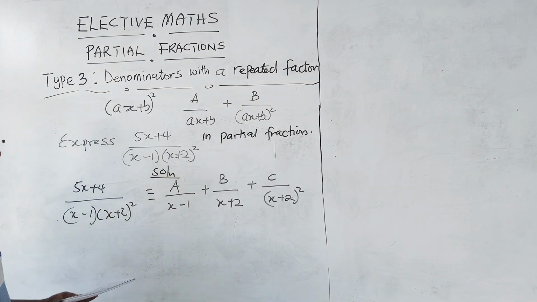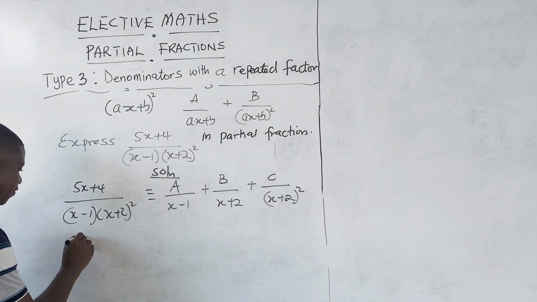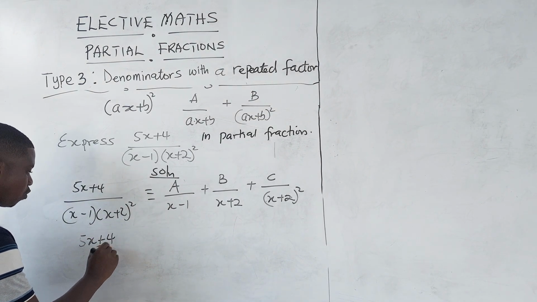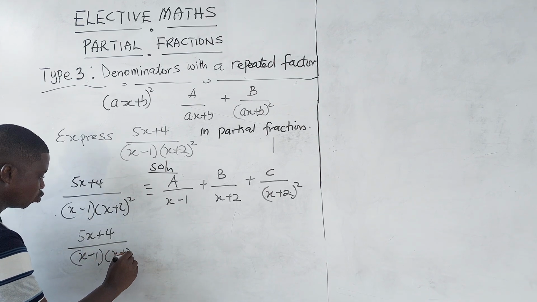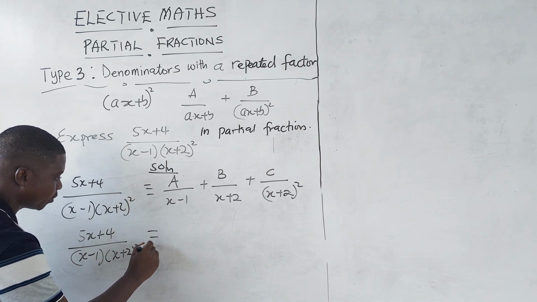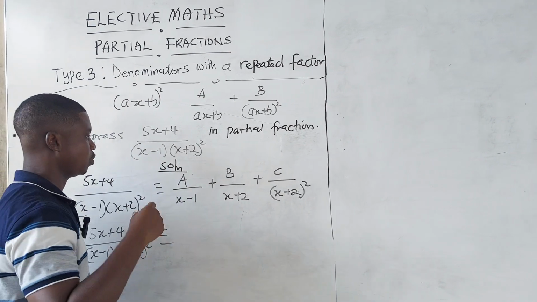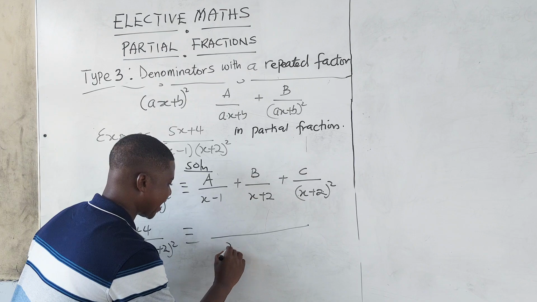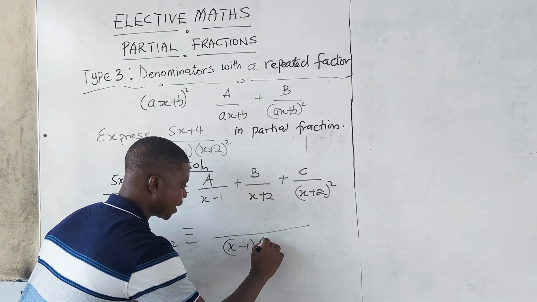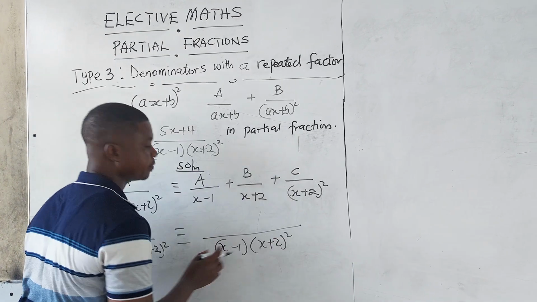Now with this, I can find my LCM, which is (x - 1)(x + 2) all squared.